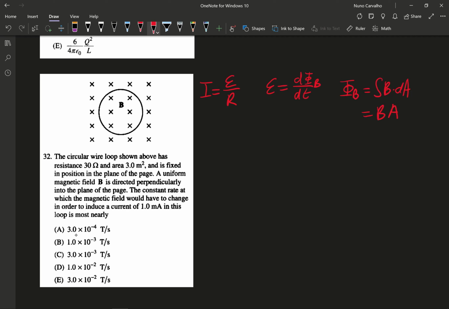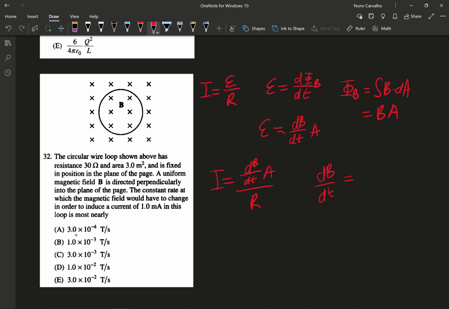We just get BA, which is then to say, since the area does not change with time, but what we're asked about is B changing with time, that means that the EMF is going to be given by the change in magnetic field over time times A. And so putting all this together means that current is going to be given by dB over dt times A over R. And now keep in mind we're asked to solve for the constant rate at which the magnetic field changes. And so that means that we're solving for this right here.